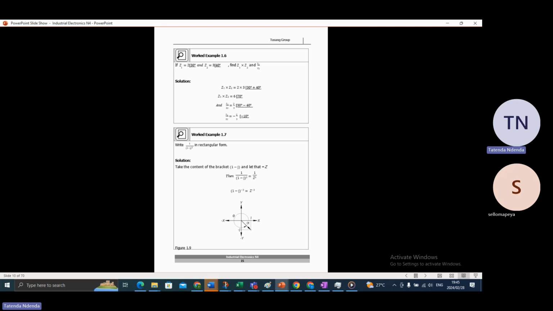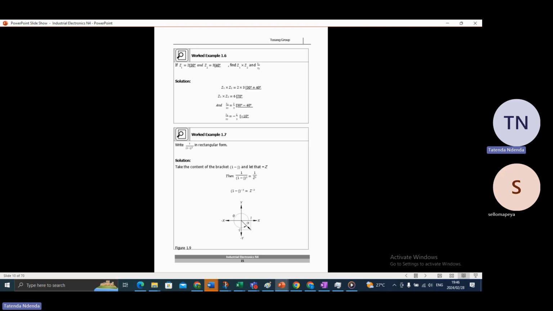Here we have an example that I've created. If Z1 is equal to 2 angle 30 degrees and Z2 is equal to 3 angle 40 degrees, find Z1 multiplied by Z2 and Z1 divided by Z2. For Z1 multiplied by Z2, we multiply the R's, which are the radii, so 2 times 3, then open the bracket 40 plus 30, meaning it's going to be 70.